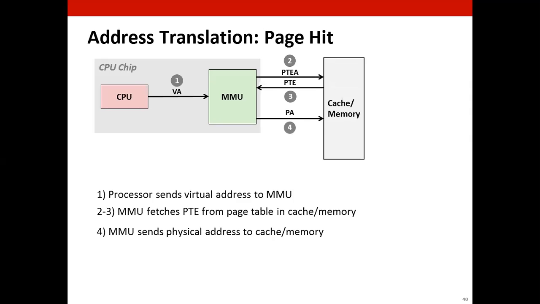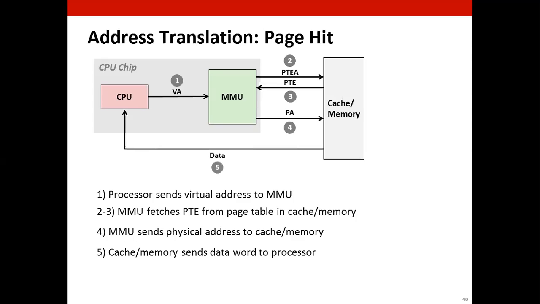And if there's a valid address there, then the MMU does the mapping, generating the physical address, and accesses the memory again to read that location in the physical memory, and comes back to the CPU with the data. We've done two memory accesses, one to get the page table entry and one to get the actual data from the physical memory.